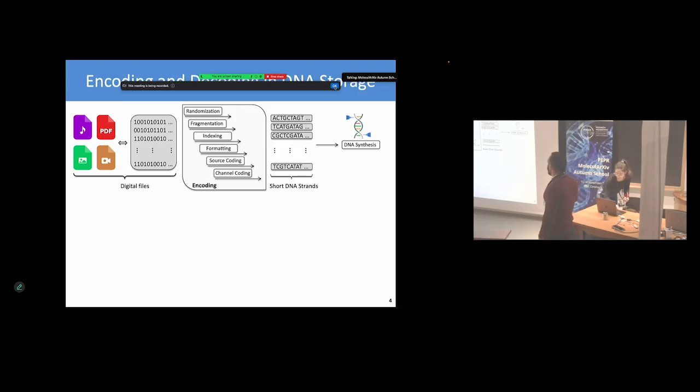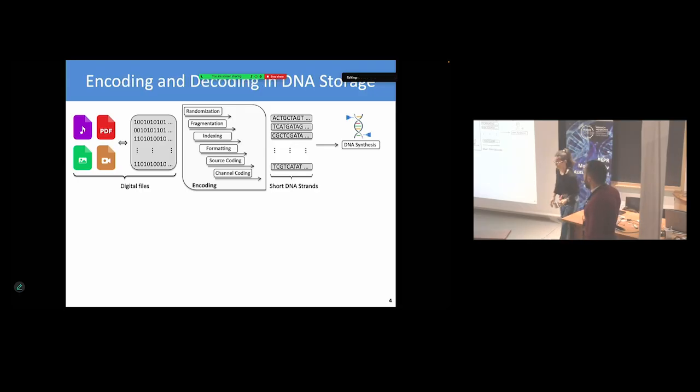And this encoding actually involves a lot of steps in general, including source coding, which was discussed this morning, indexing, formatting. Some of these steps are optional, others are not. So you have to fragment your binary data because you want to store them in a short format. And then there's channel coding here. This is part of the story.